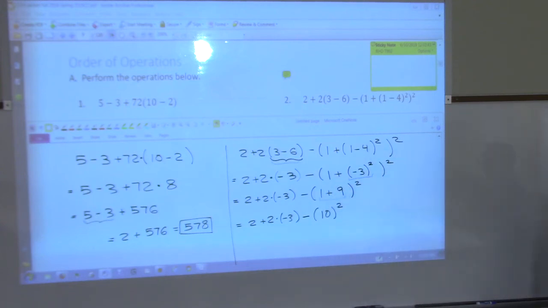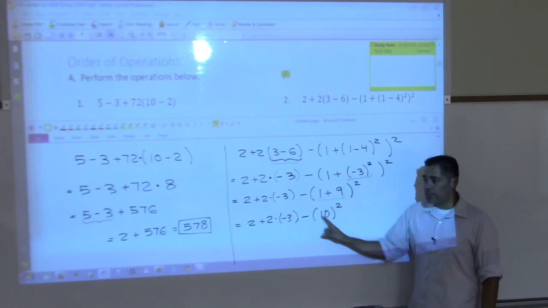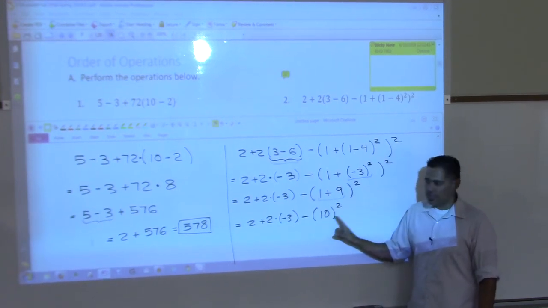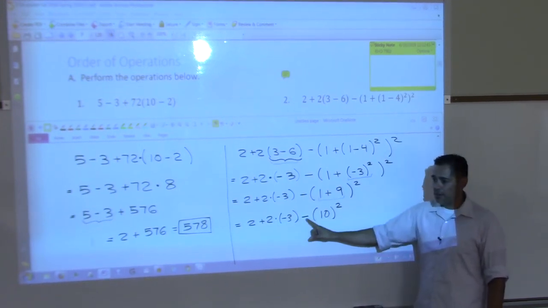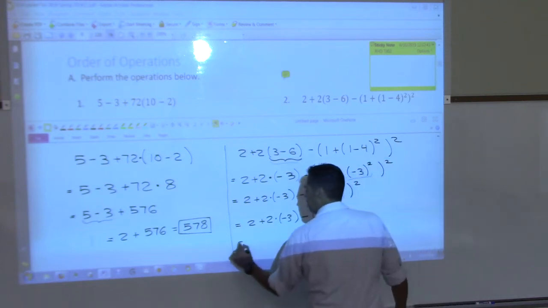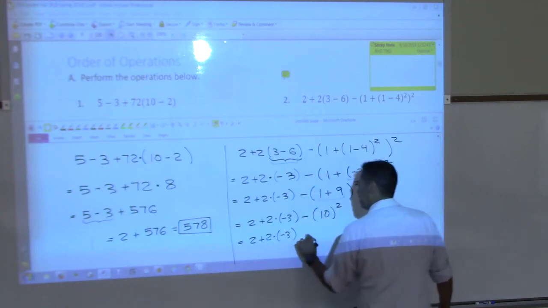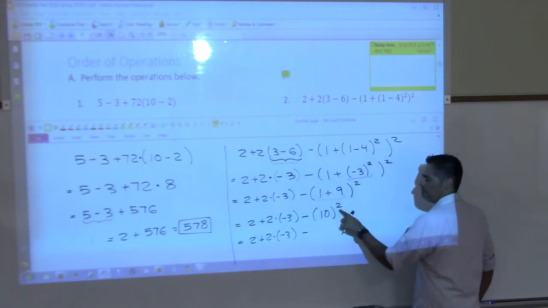What next? I square 10. Do I square negative 10 or do I square 10? Just 10 because this minus sign is out in front, right? The 10 is being squared, not the minus. So this has become 2 plus 2 times negative 3 minus 10 squared, 100.